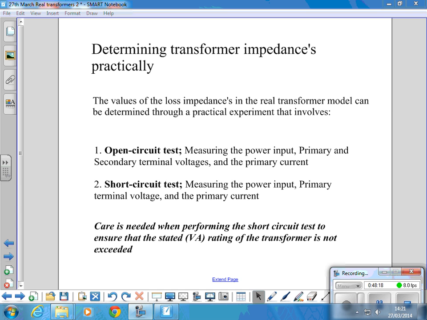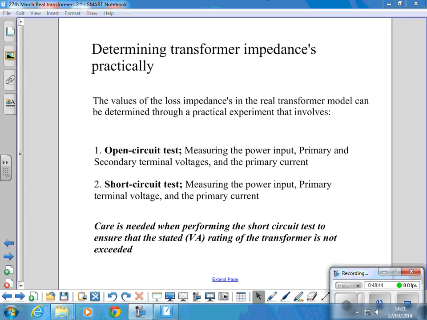What that involves is, number one, doing an open circuit test. So applying usually the nominal input voltage to the primary side, leaving the secondary terminals open, and measuring the power in, the primary current, and the primary and secondary terminal voltages.